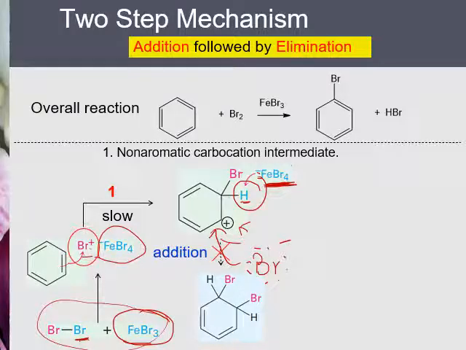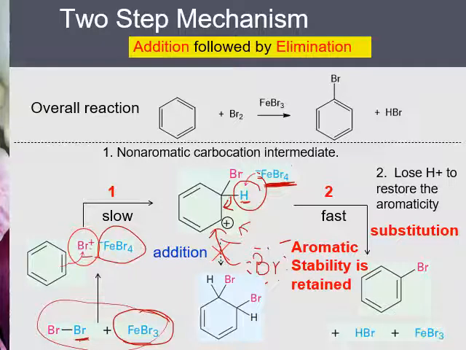So the bond between carbon and hydrogen breaks. The 2 electrons go to the carbon-carbon single bond and form a pi bond, so now a double bond is generated. Now why is there a difference? Why does electrophilic addition form a dibromide, but in the aromatic reaction it goes a different route?